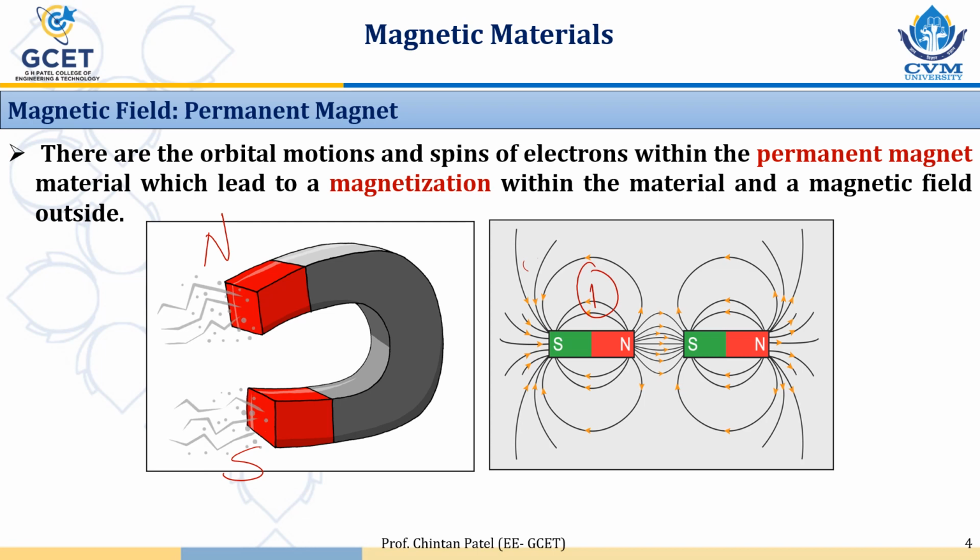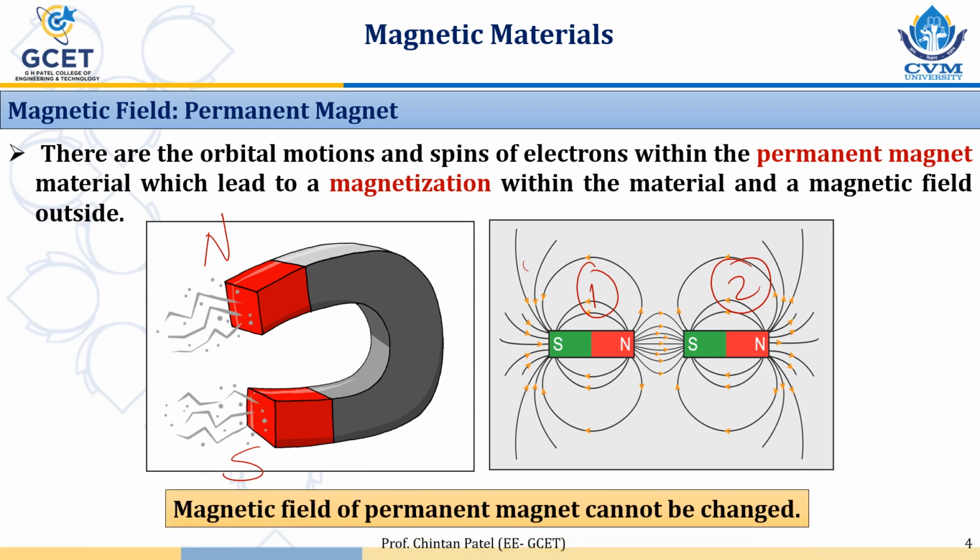This is magnet 1 and magnet 2. Both the magnets are placed near each other. So from magnet number 1's north pole, magnetic field lines start and terminate at the nearby south pole of magnet number 2.